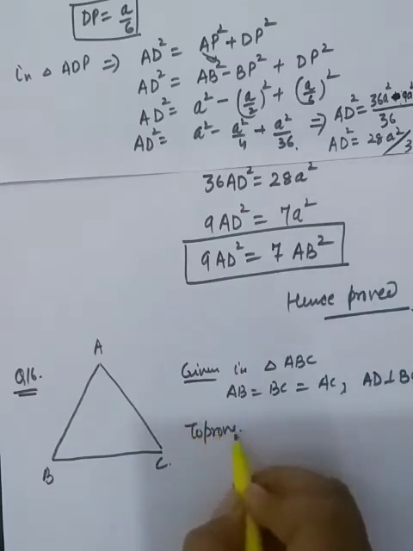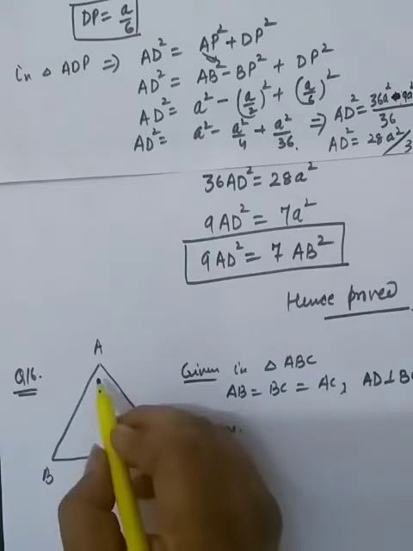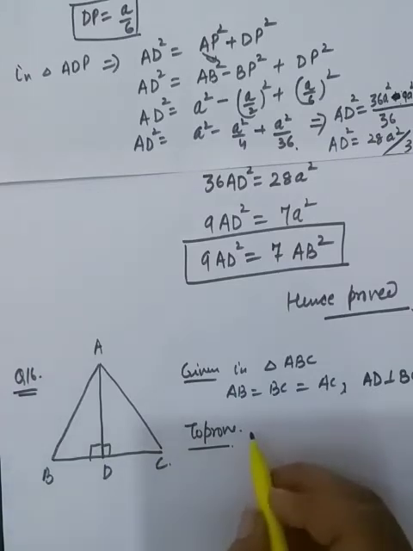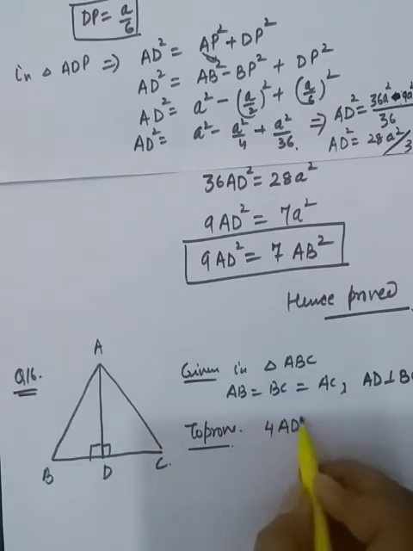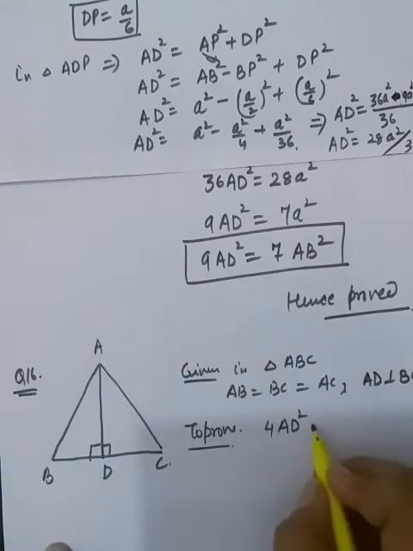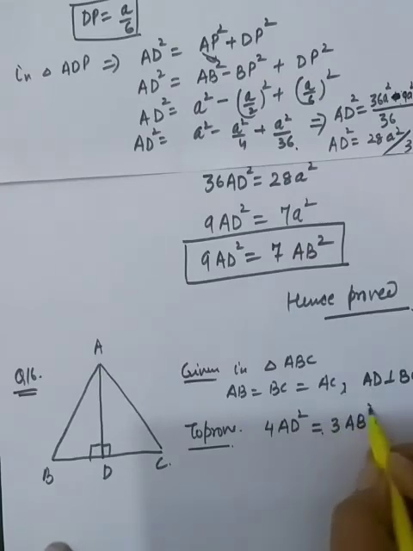To prove, what we have to prove? We have to prove 4AD square, 4 times the square of altitude, is equal to 3 times the square of its side.